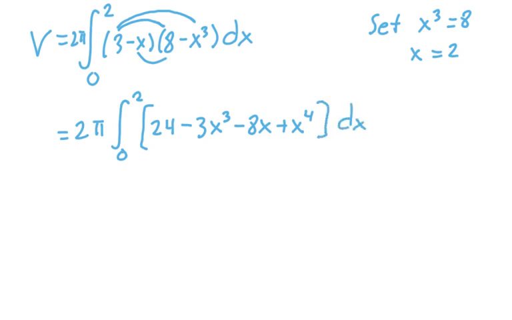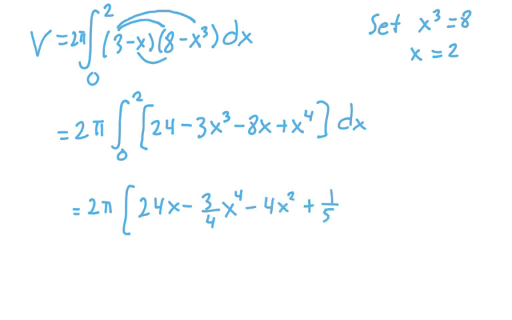I just multiplied that out. And so this is 2 pi times 24x minus 3/4 x to the 4th minus 4x squared plus 1/5 x to the 5th, evaluated from 0 to 2.